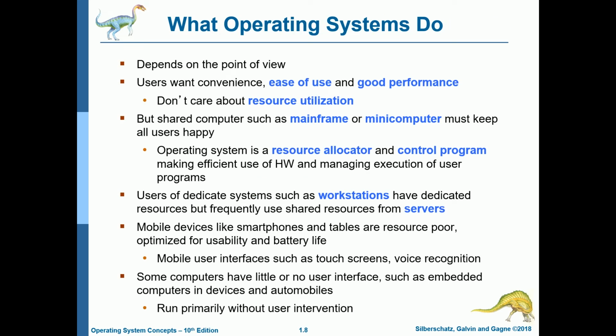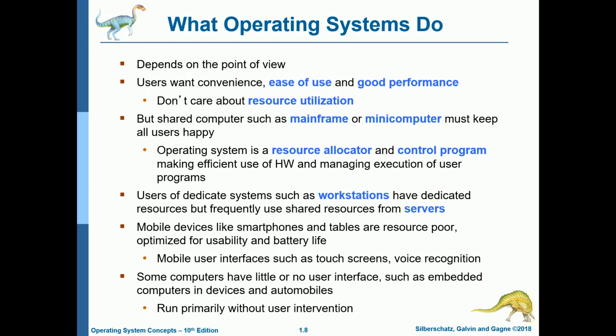Now that we more or less understand what a computer system is, we need to address the operating system aspect again. As we're trying to define this, we realize that it depends on the point of view. As a user, you want ease of use and good performance, and in a lot of cases, you don't care about resource utilization that happens in the background.